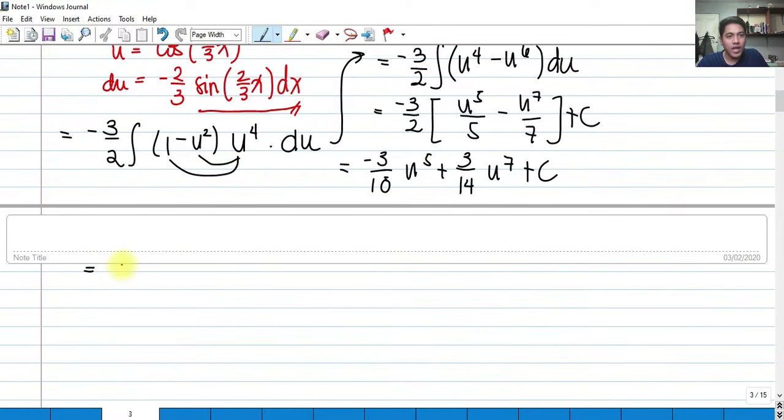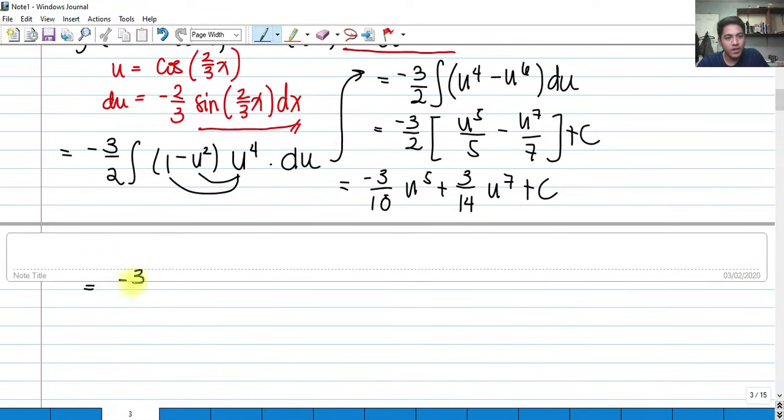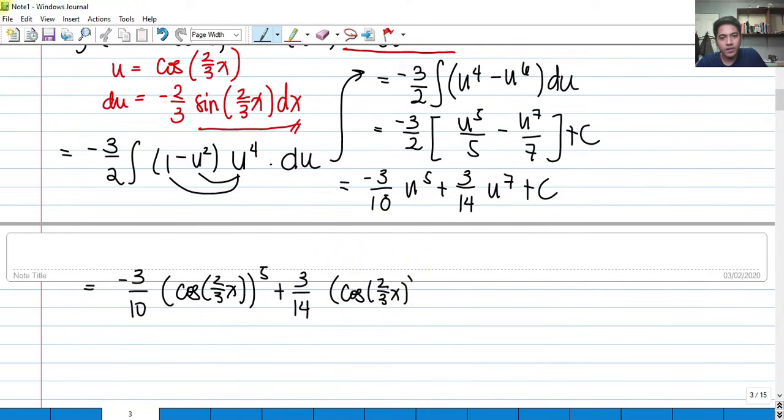Take note that our u is equal to cosine 2/3 of x. So we have negative 3 over 10 cosine 2/3 of x raised to 5 plus 3 over 14 cosine of 2/3 x raised to 7 plus c.